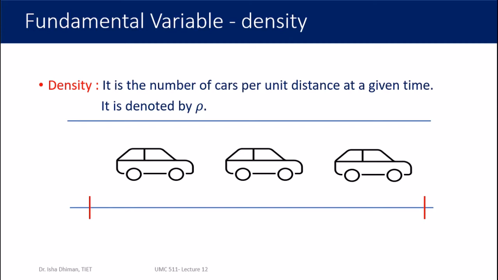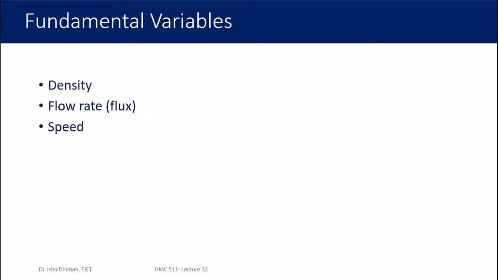Here is something we need to understand: these three are our fundamental variables. So these are the dependent or unknown variables. We want to know their values: density, flow rate, and speed. And the independent variables are going to be space and time.